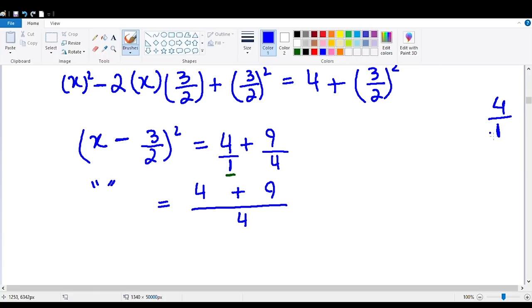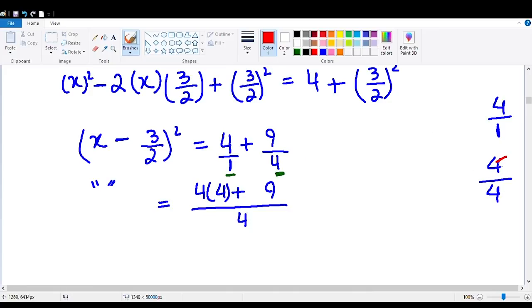So 4 will multiply with this 4. 9's denominator is this 4, so when the LCM 4 is divided by the denominator 4, they will cancel out and you'll get 1.